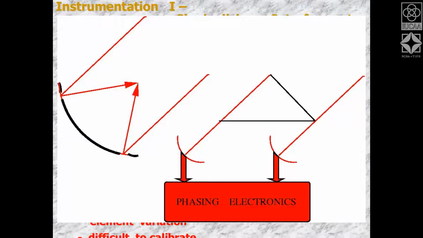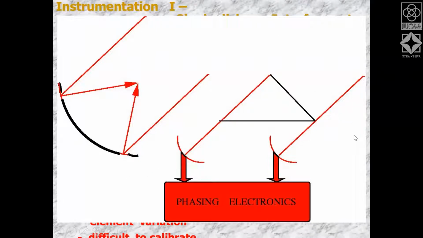But there are other delays which are not so easily calculable. For example, the signal from each of the telescopes will be brought by cables to some central processing area. The delay in the cable can vary. It is sensitive to temperature and to various other factors, so it need not be fixed. It could vary a little bit.